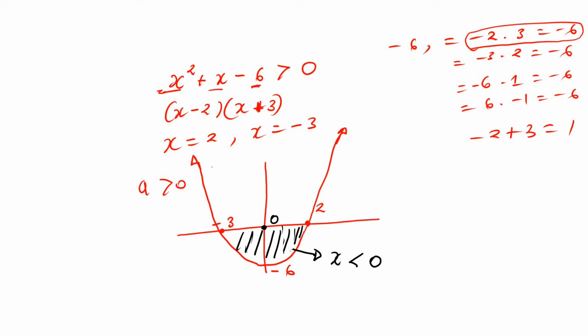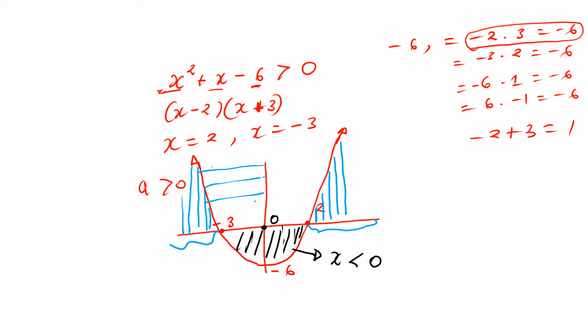Let's try green. From here going upward, these are the values of x. From here going this side, and from here going that side, those values of x give us y values greater than 0.